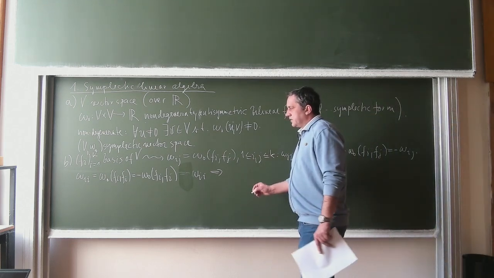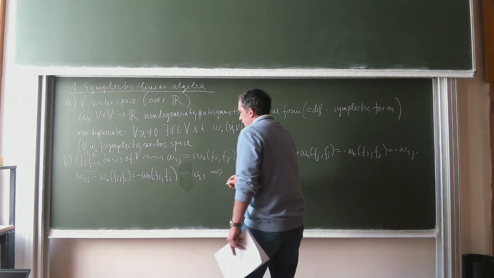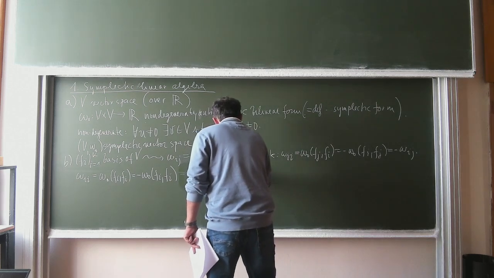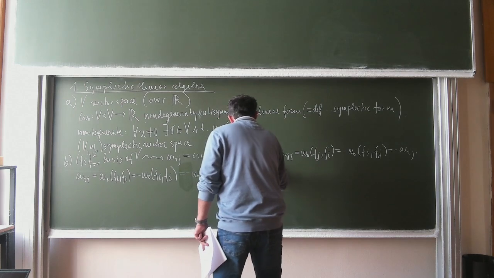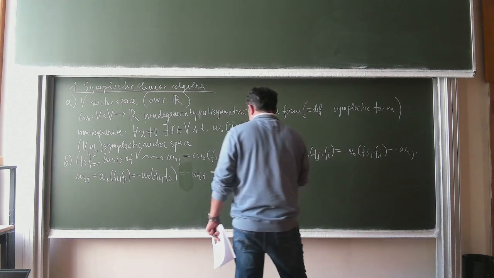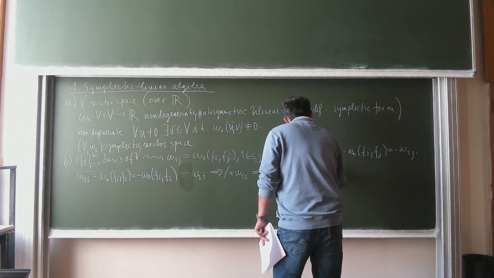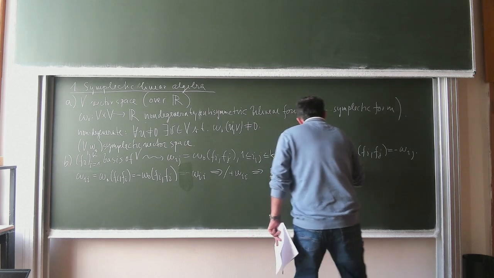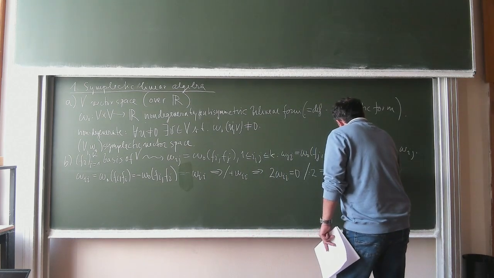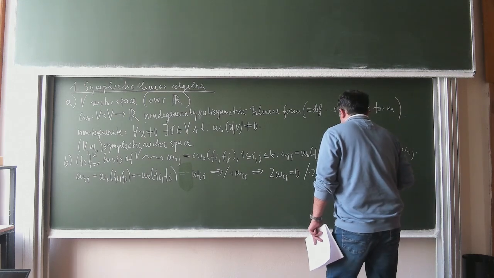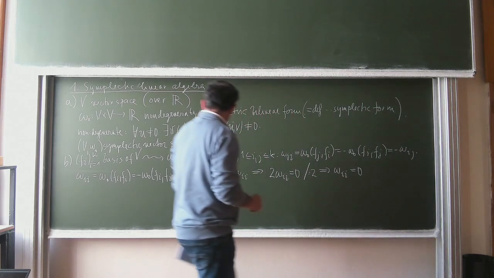How do we do it? We add omega ii, getting 2 omega ii is 0. In R we can cancel by 2 and we get omega ii is 0.